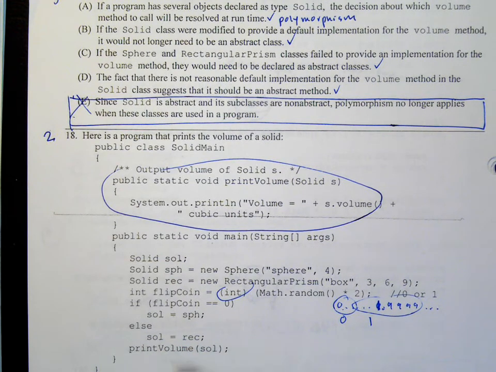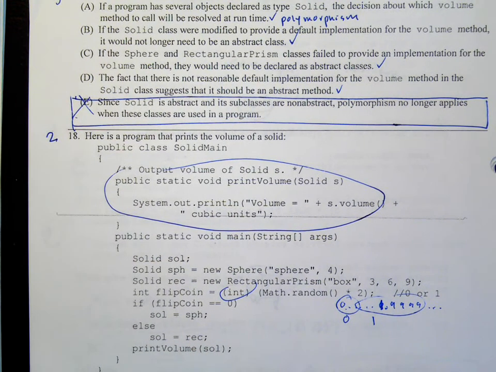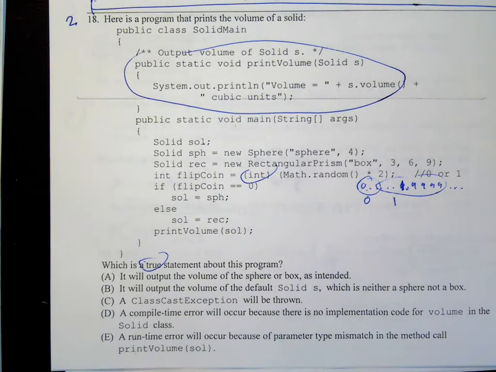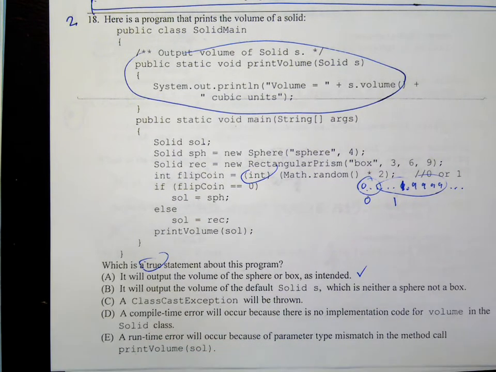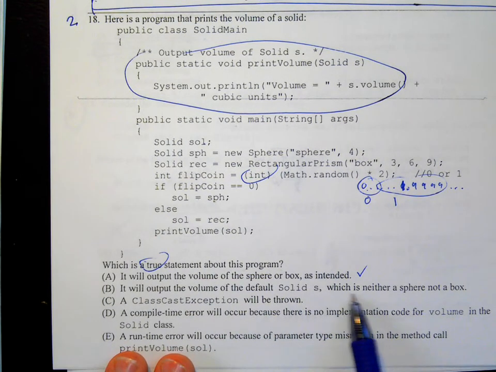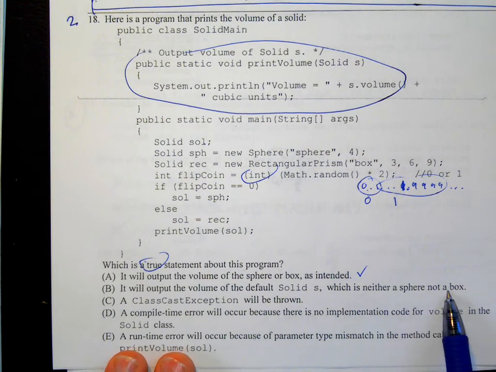Then we're going to print out which is a true statement about this program. It will output the volume of a sphere or box as intended. Yeah, I think so. I mean, we're going to get one or the other. It will output the volume of a default solid S, which is neither a sphere nor a box. No, it's going to give you a sphere or a box.